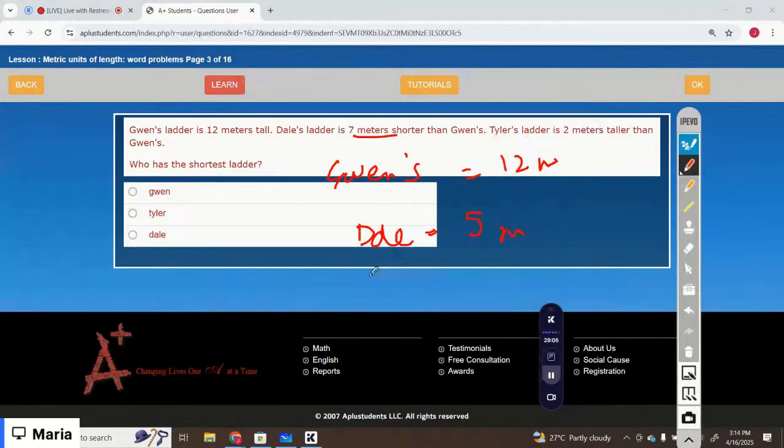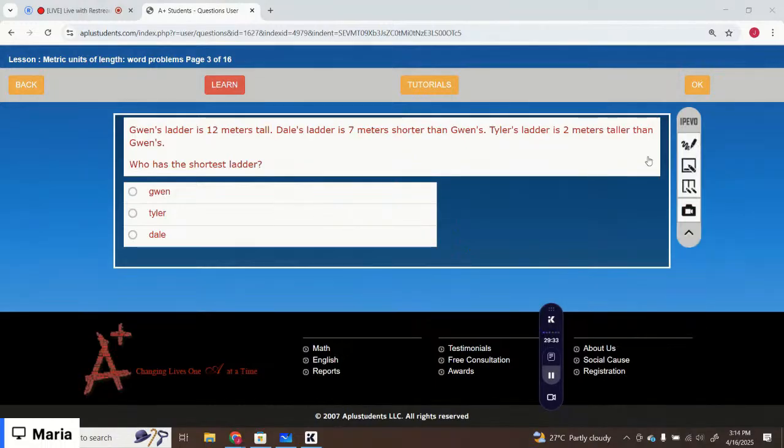Taylor's ladder is 2 meters taller than Gwen's, so that means Taylor's is 14 meters. Who has the shortest ladder? Dale has the shortest ladder. The correct option is Dale. The third one is the correct option.